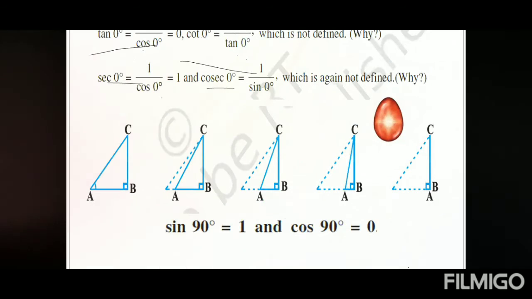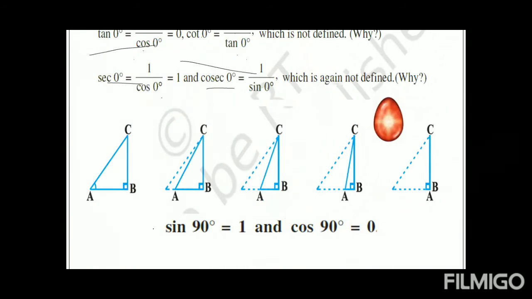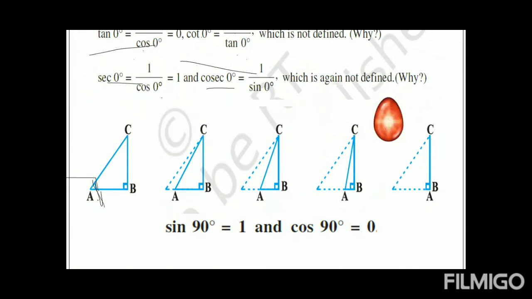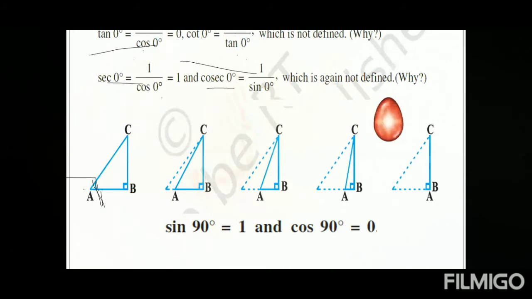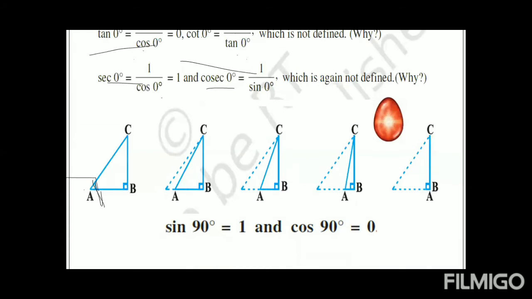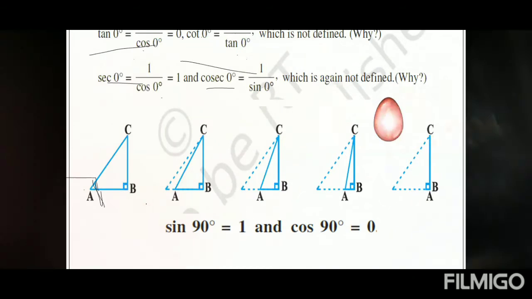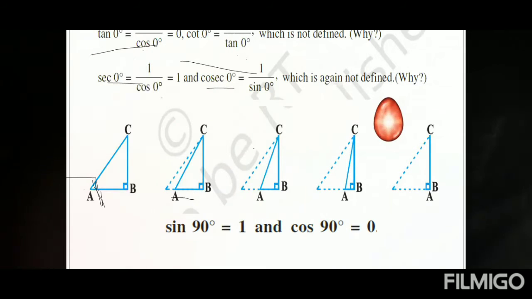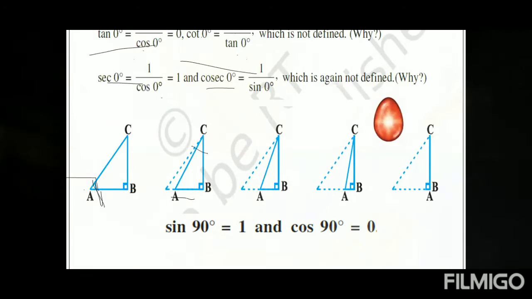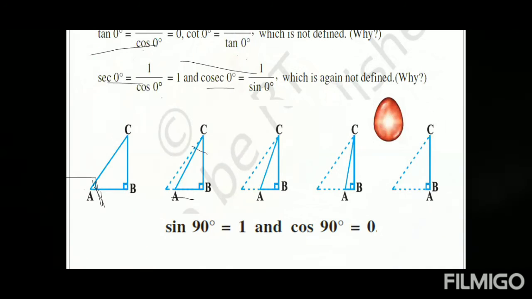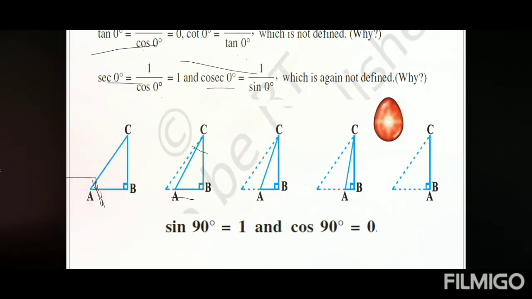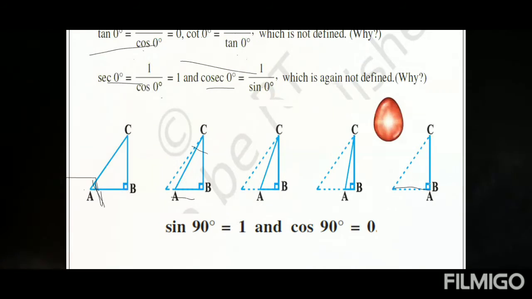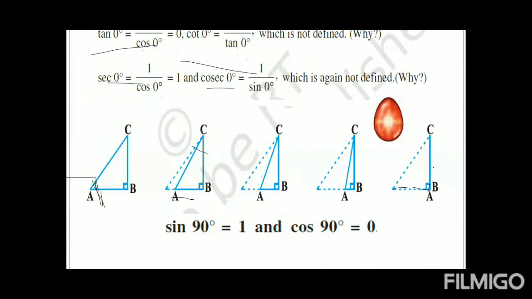So before that, we need to do 90 degree. Okay, we are going to take this angle. When you see this angle A getting bigger and bigger, you could find that the length of AB decreases and the angle C also decreases. So in this case, A will come at last to B and form an angle of 90 degree.